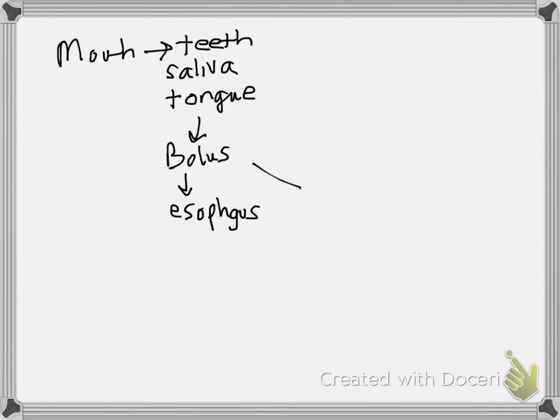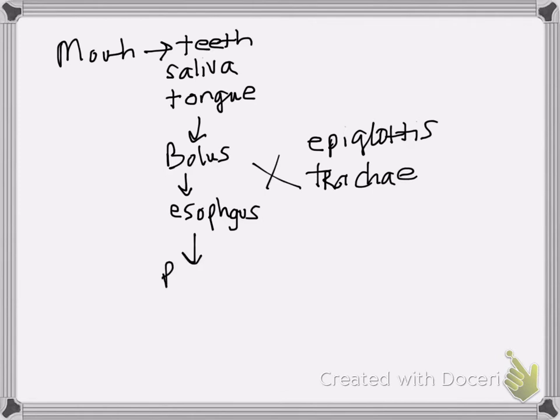It will be prevented from going into your trachea because of the epiglottis shutting. And through peristalsis, the bolus will go down your esophagus, and it will enter the sphincter, and it will go into the stomach.